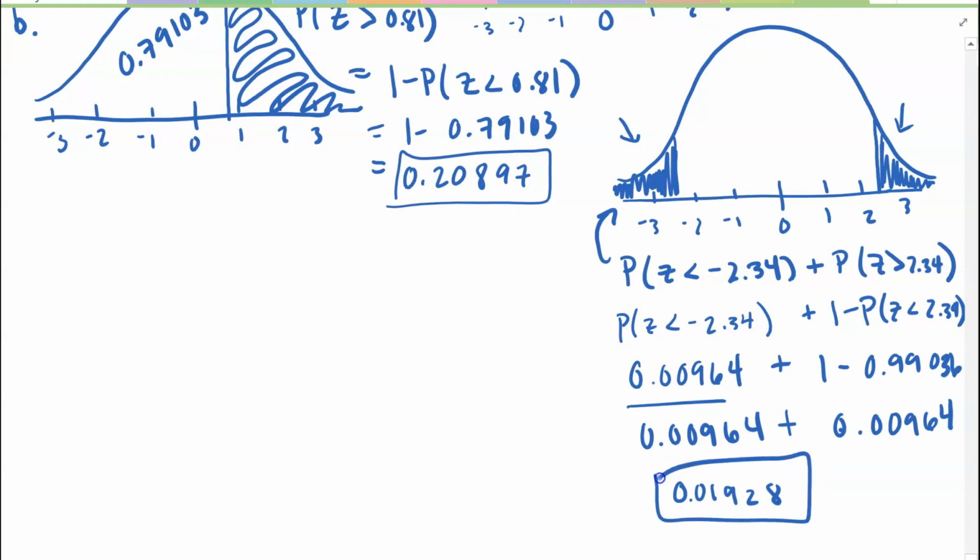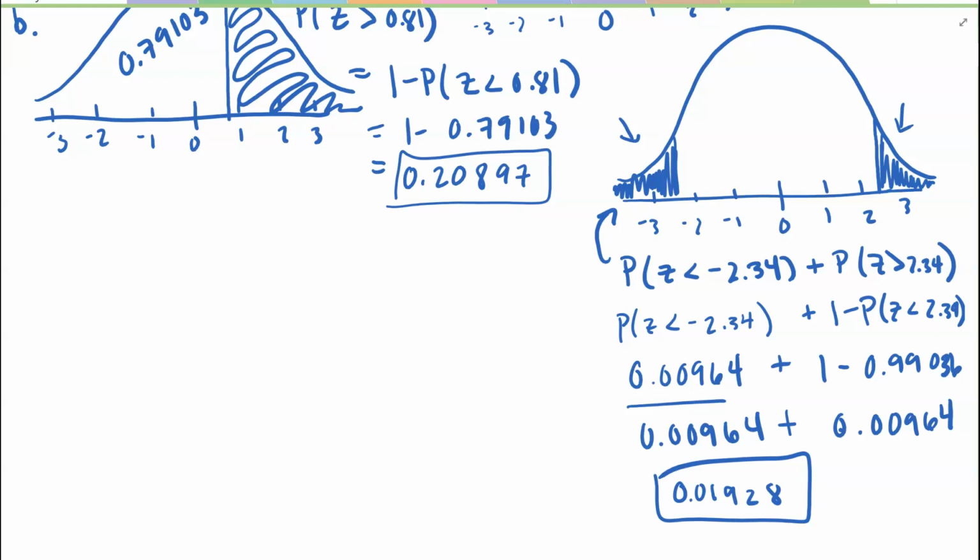So this is how we find an upper one-sided p-value, a lower one-sided p-value, and a two-sided p-value. For any z procedure, this will work. Again, the p-value follows the direction of your alternative hypothesis. Also remember, drawing the distribution, super helpful.